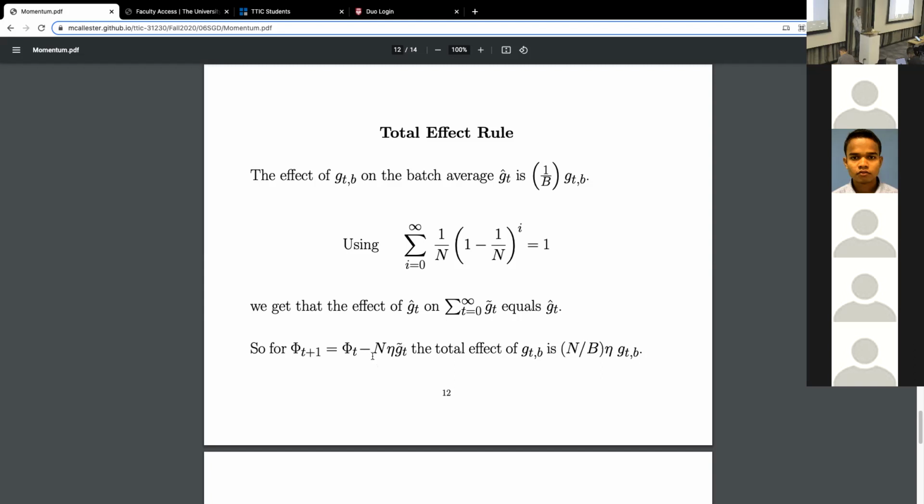But because of the way momentum is parameterized in PyTorch, we're not using an exponential moving average of the gradient. We're using something that's an exponential moving average of n times the gradient. So you're amplifying the effect of that point by n.